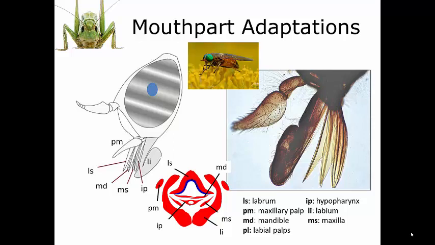Now, the cutting structures are made up of the mandibles and the maxillae. The mandibles are elongated and blade-like, and they're dentate at the tip. So they've got those same teeth-like structures, right, that the maxillae had in the mosquito.